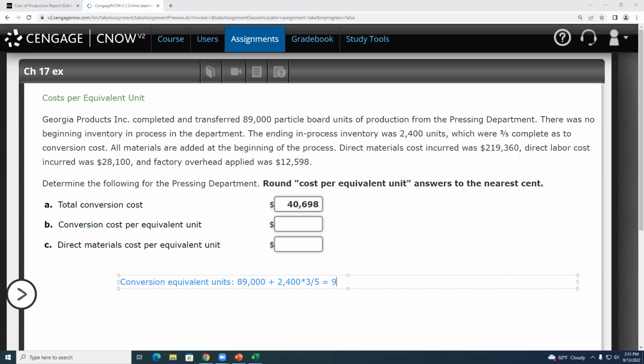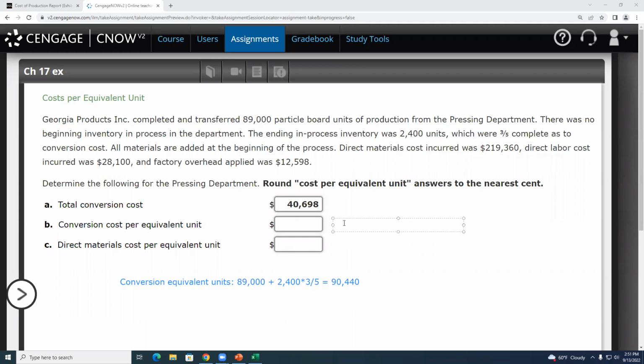And so our conversion equivalent units would be 60% of the 2,400 that were still in ending inventory, plus the 89,000 that were started and completed. Everyone agree with that?